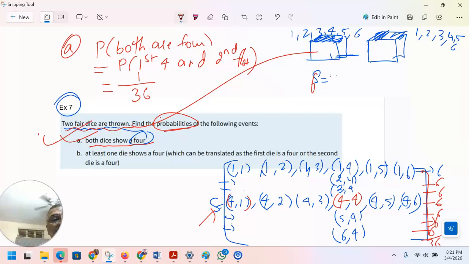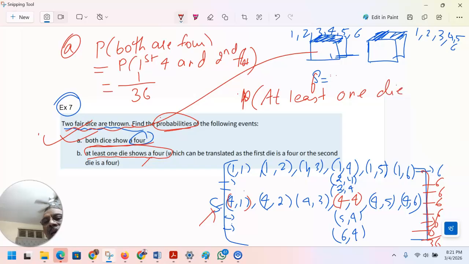But the second one is a little tricky. At least one die shows 4. So what does this mean? That's how you can do it in two ways. Probability at least one die is 4.